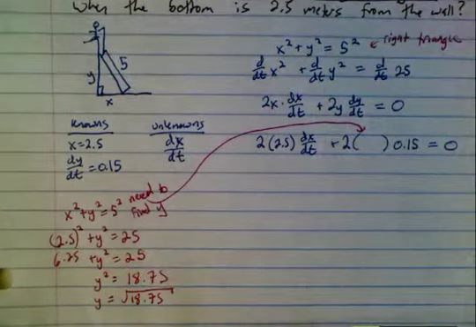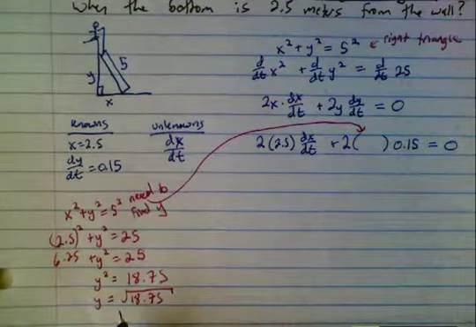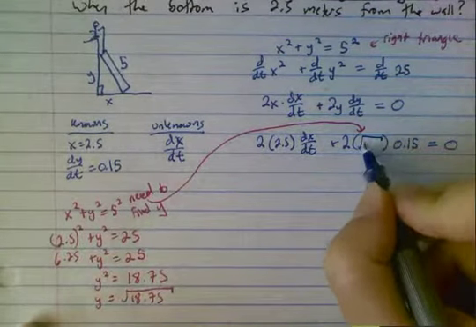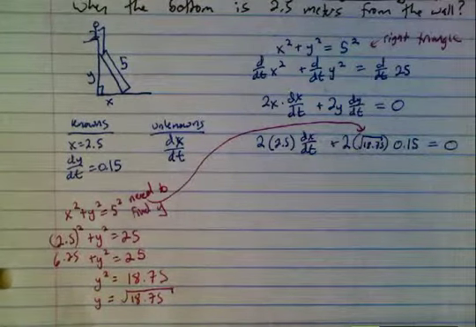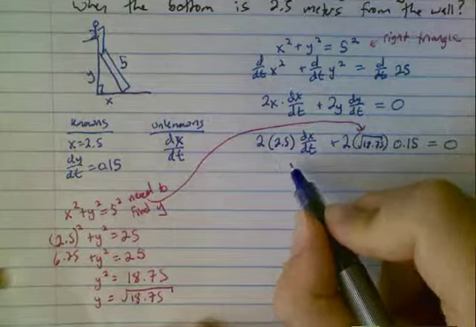And because we're working in the real world, we're just going to leave the square root like that. It's going to be a positive square root, not a negative, because we can't have negative distance. Okay, so now I can do more with this.